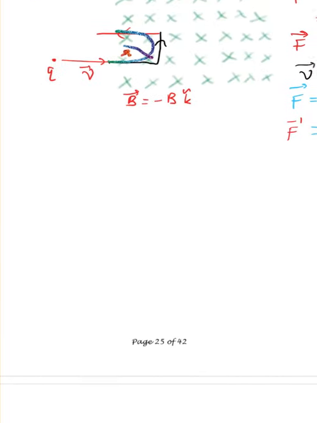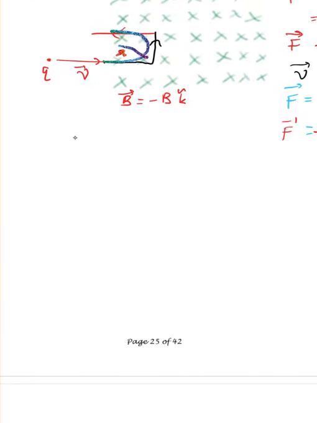We just have one formula: the centripetal force m v square by r is provided by the magnetic force qvB, and hence mv by r is qB. This is the formula available for this situation.